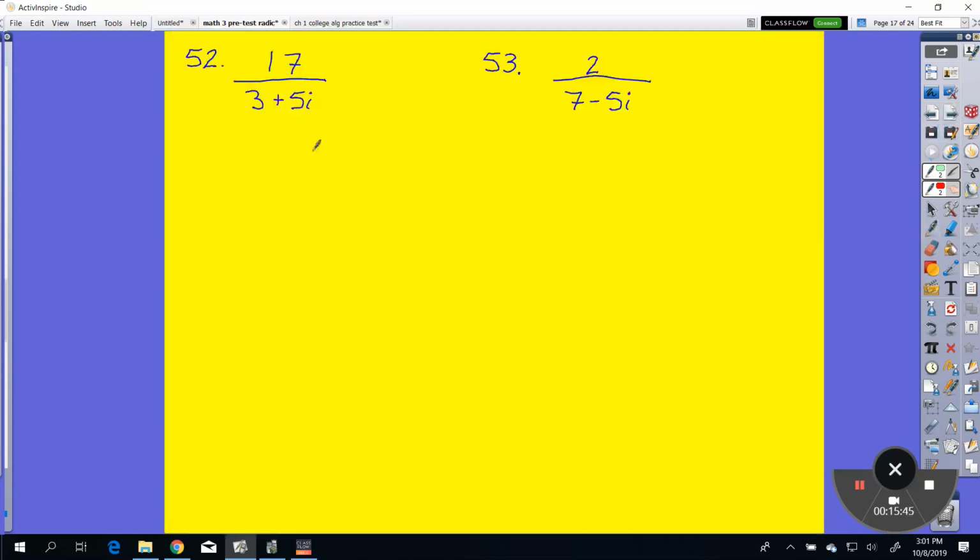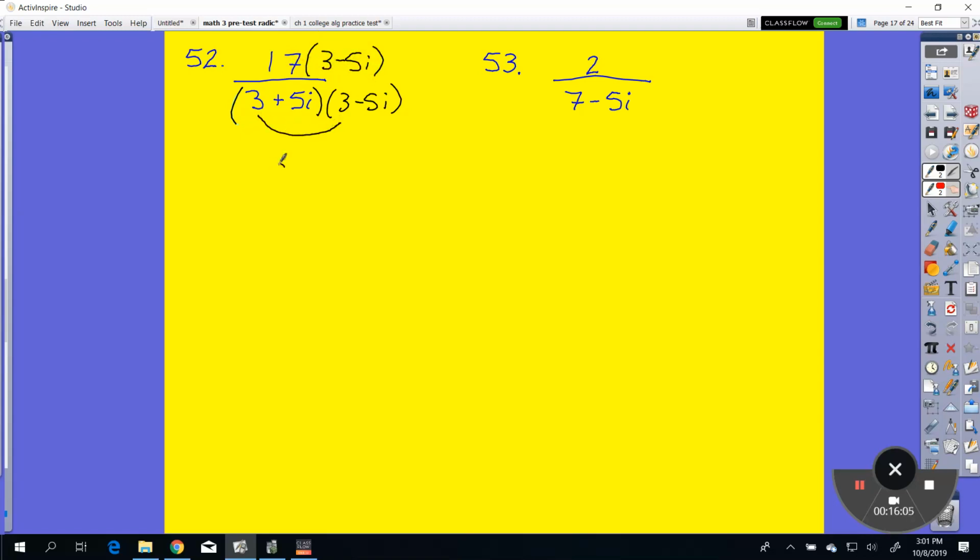So now to do 52, I multiply it by its conjugate pair. So I multiply 3 plus 5i by 3 minus 5i. And if the top doesn't have i's in it like number 51 did, I'm not going to worry about distributing that 17 in. I'm just going to do the bottom stuff.